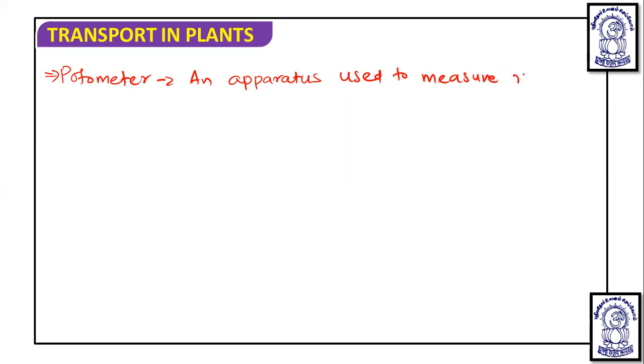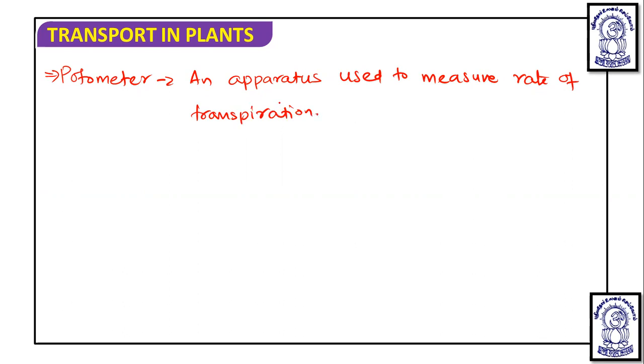Now, dear student, two instruments are there that you should remember. One is the potometer. The potometer is an apparatus used to measure the rate of transpiration.